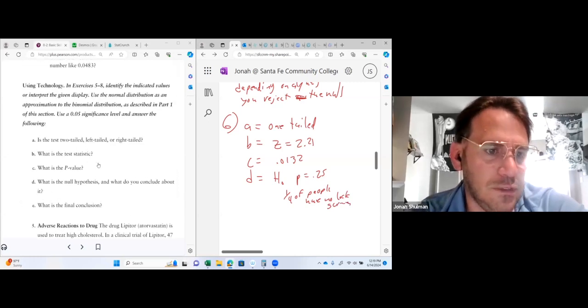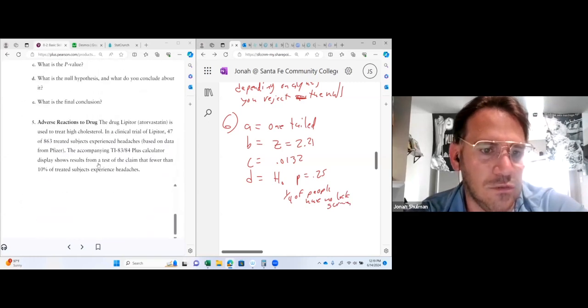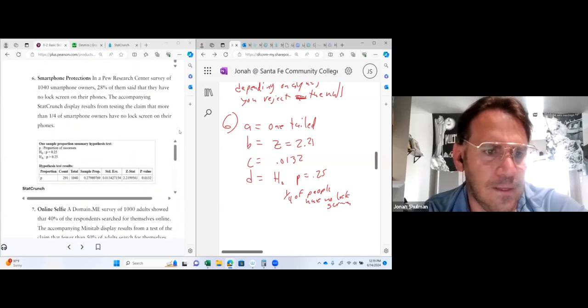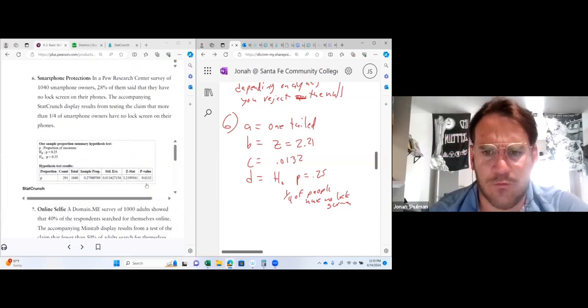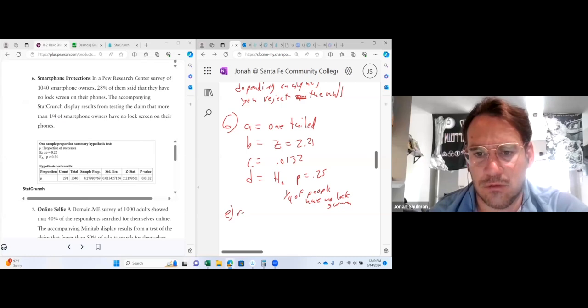And let's look at what E says. What is the final conclusion? It is greater than 0.05. So E, we reject the null.